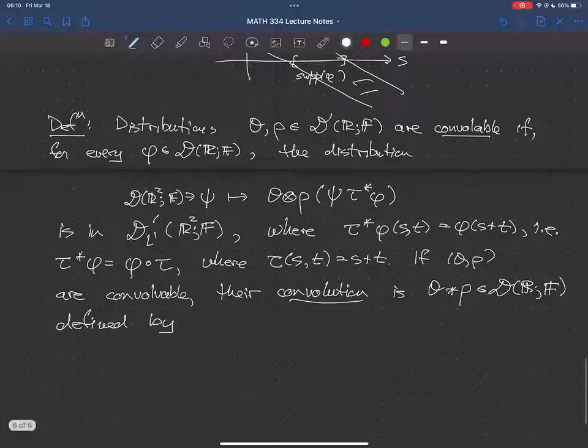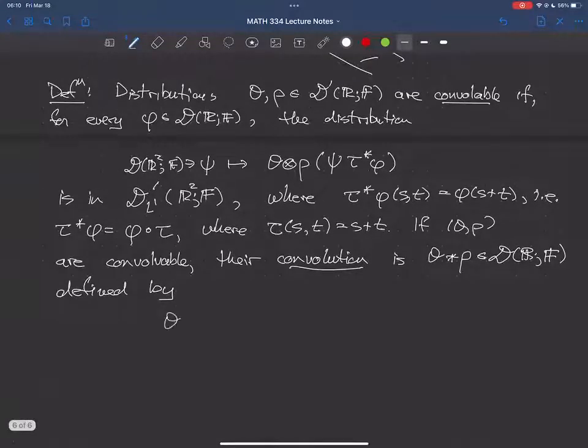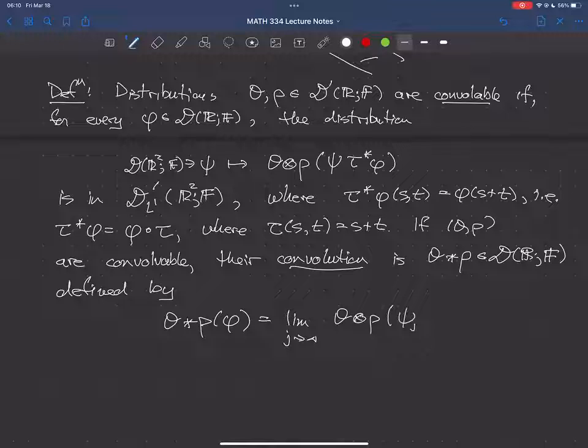It's defined by: theta convolved with rho applied to a test function phi of a single variable is equal to the limit as j goes to infinity of theta tensor rho applied to psi j tau star phi. So I have the same kind of construction as in the definition of convolvability.